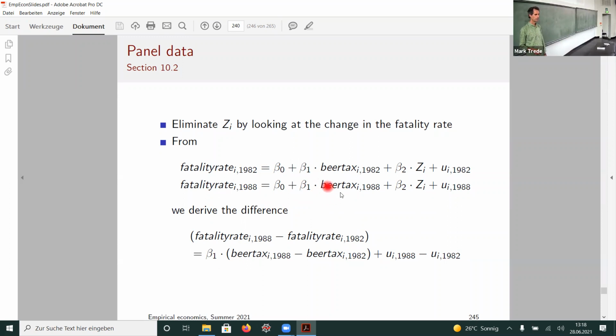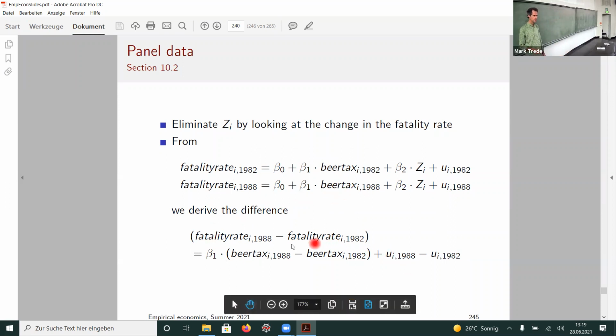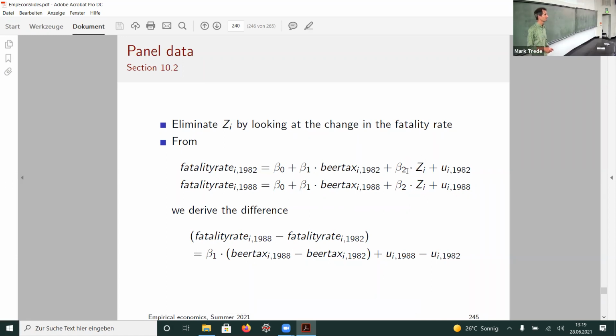Then we have beta 1 times the BRTX in 1988 minus beta 1 times the BRTX in 1982. That's the term here. Then we have beta 2 Z_i minus beta 2 Z_i, cancels out, and the difference of the error terms. Error term 1988 minus error term 1982.